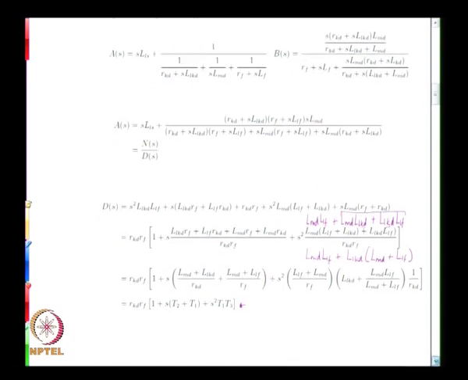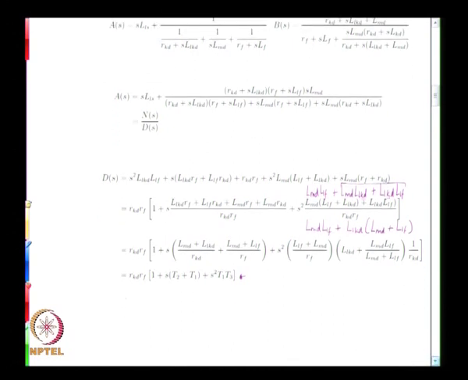where T1 is a time constant having the form of ratio of inductance to resistance, that is nothing but LLF plus LMD divided by RF.